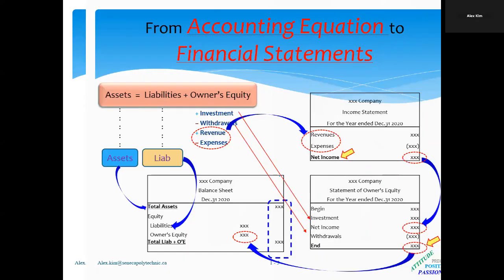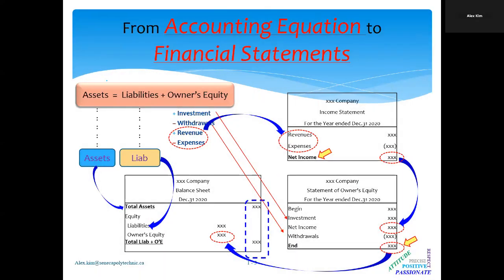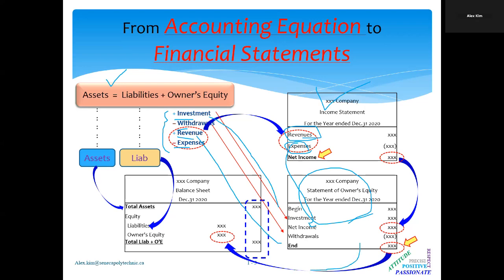Review. We learned that assets equal liabilities plus owner's equity, along with four more: investment, drawing, revenue, and expense. Revenue and expense update the first major financial statement, the income statement, by how much we earned, and additional investment and drawings update your equity balance.